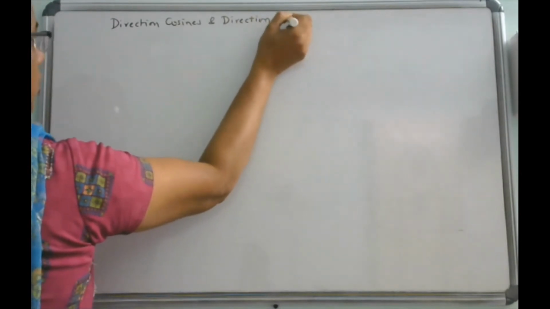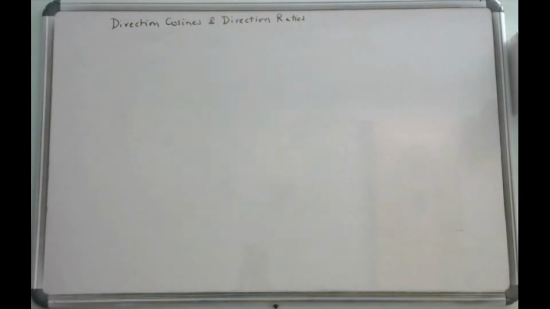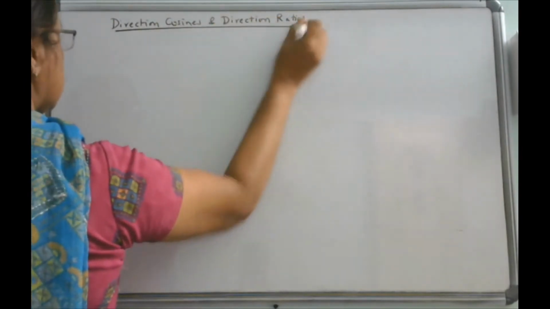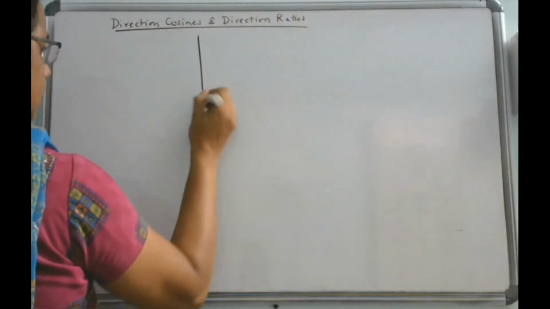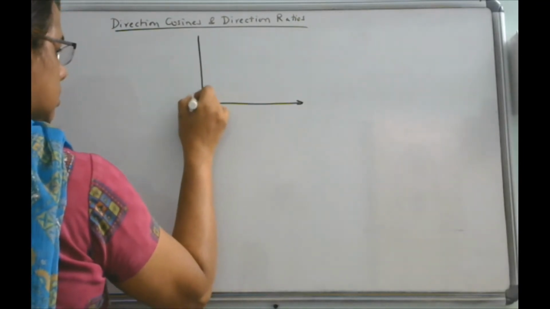It's a very important term. For that we consider the same figure itself. We draw the figure in such a way with respect to the three coordinate axes. This is like the origin.